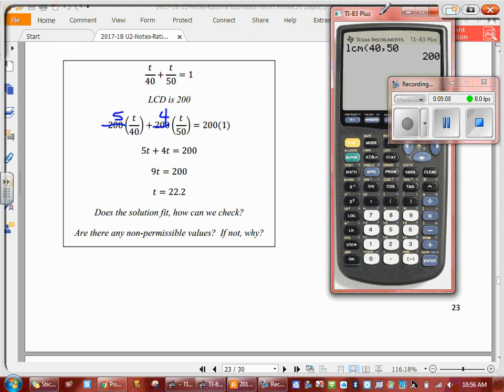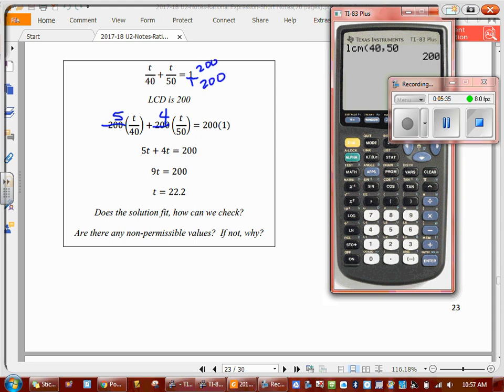How come? How do I know that? Well, if I take 200 divided by 50, I get 4. If I take 200 divided by 40, I get 5. That's how I know what I'm multiplying by. All equaling 200 times 1. Now, why is it like that? Because remember, this is 1 over 1. So whatever I multiply to my bottom, I have to do to my top. So over here, I'm multiplying by 200 over 200.